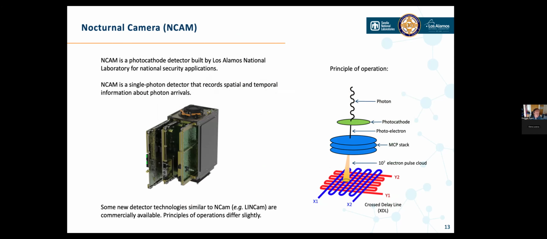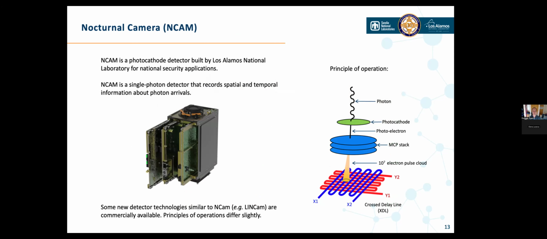So NCAM is a detector we've developed here at Los Alamos. I'm not part of the development team. This is a detector that's been developed over about 20 years by our remote sensing group that uses this detector for national security applications. I'm in the open science part of Los Alamos, and so I don't do any of those applications.